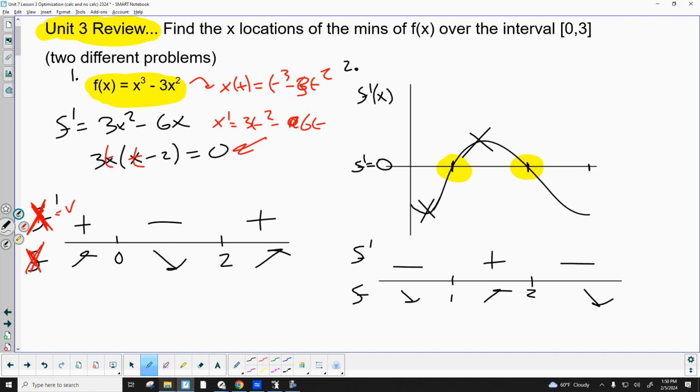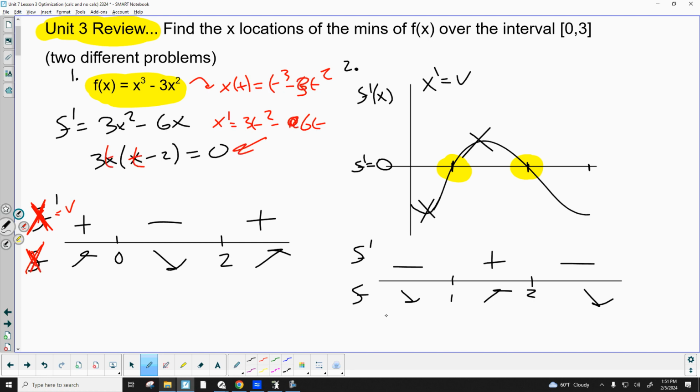I could change this to be x prime or v. I could change this to be x prime. This is x. But what did we learn this unit? What was really the new thing this unit, besides the fact that we're using x, v, and a instead of f prime, f double prime?